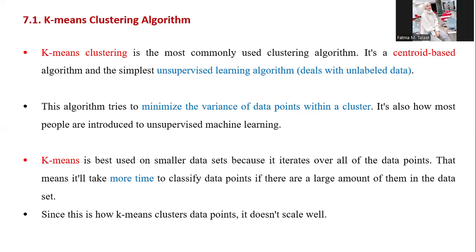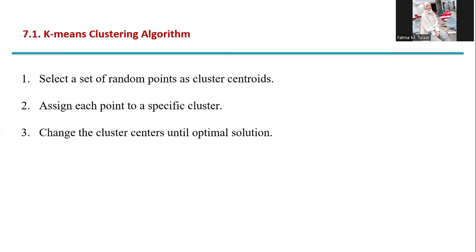K-means is best used on smaller datasets because it iterates over all of the data points. That means it will take more time to classify data points if there are a large amount of them in the dataset. Since this is how K-means clusters data points, it doesn't scale well.